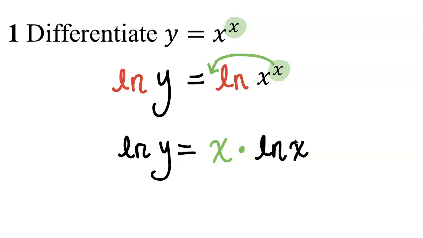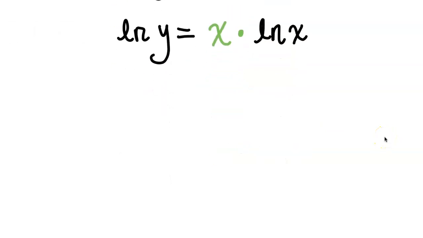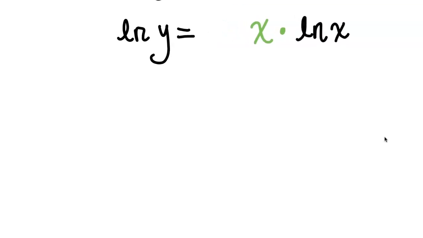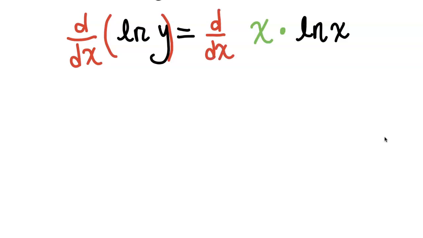So once you bring that exponent down, you're going to take the derivative of this implicitly. So my next move is this. I will take the derivative of the left-hand side and the right-hand side with respect to x.